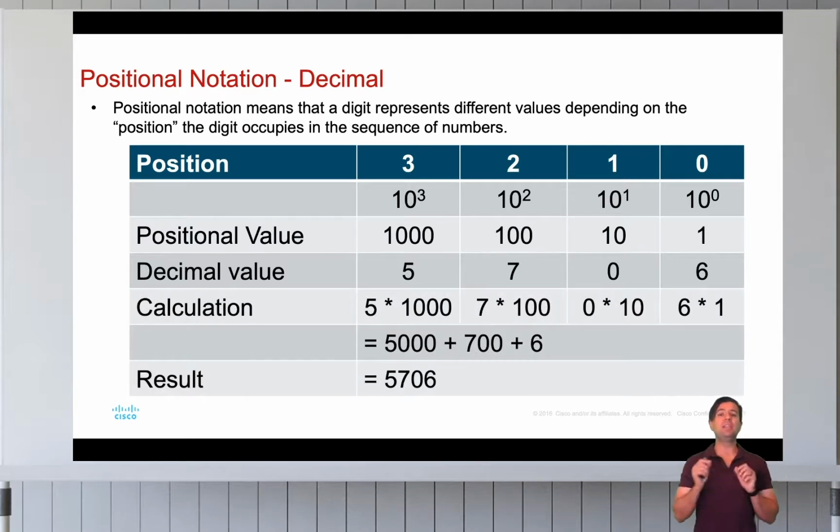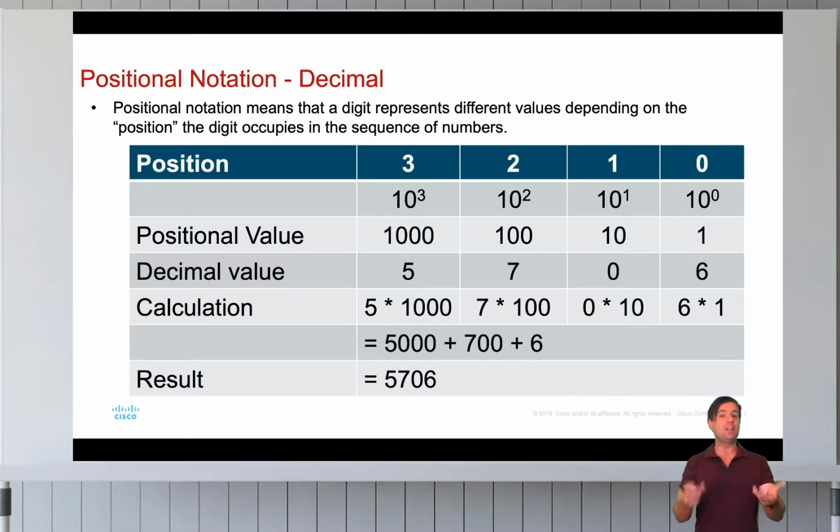Now, how do we prove that a certain value is in fact 5,706? Easy enough. You take the value in the positional column, say for instance 1,000, and then you multiply it by how many times is specified in the number. There are 5 in the positional column for 1,000, so it's 5 times 1,000.